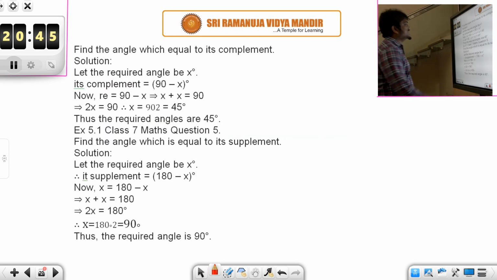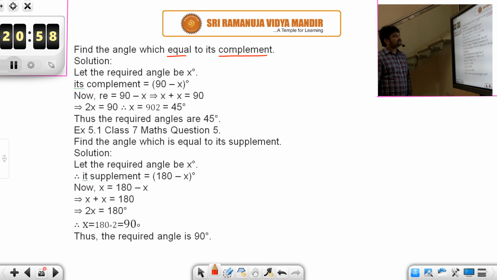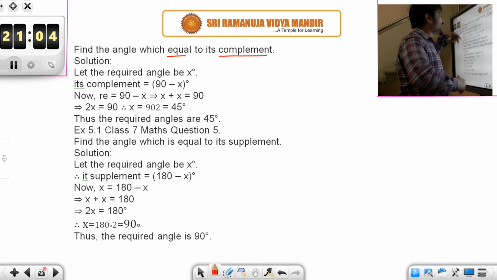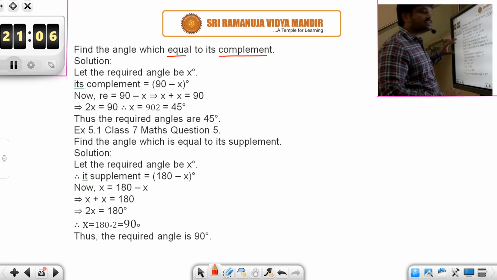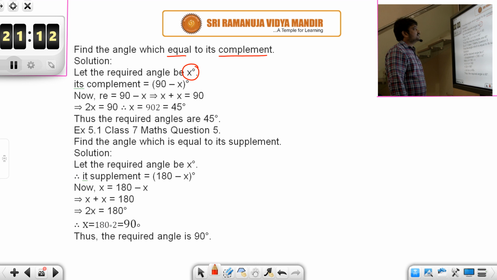Now let's do some algebra related questions on these angles. Find the angle which is equal to its complement. Students, first of all, we don't know that angle. So let the required angle be x degrees.